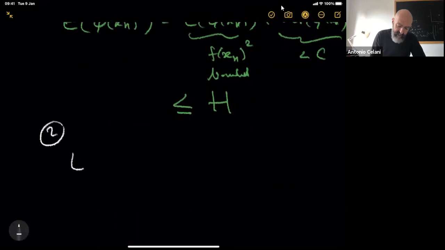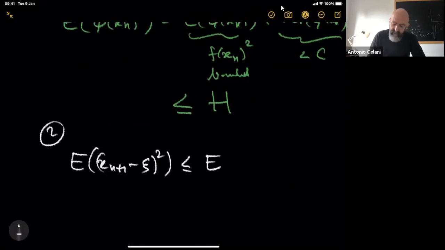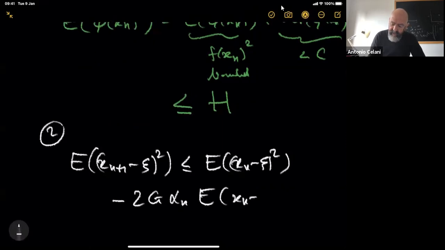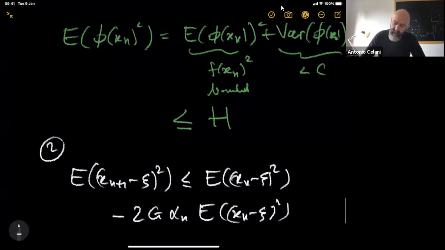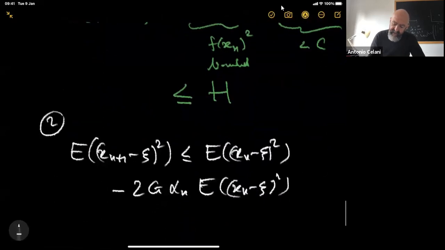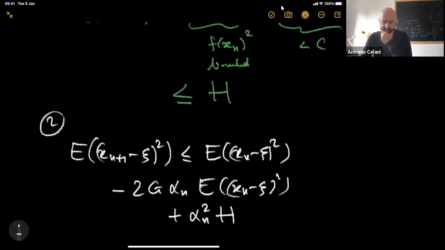This is expectation of xn plus 1 minus psi squared, less equal than the expectation of xn minus psi squared minus 2g alpha n expectation of xn minus psi squared, and I'm copying so far, and then I add the last step, which is plus alpha n squared h. Okay, so far so good.